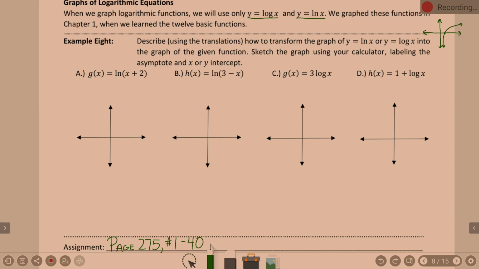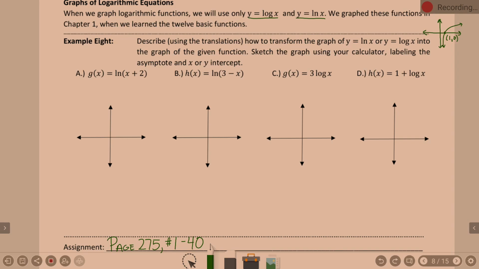Where the basic graph crosses through the point 1, 0. It runs along the y-axis as an asymptote, so it never crosses across the y-axis. Okay, that's your basic graph. That was back in lesson 1.3. In 1.3, I think the equation we referred to is natural log of x at the time, but it's the same thing as log base 10 of x.